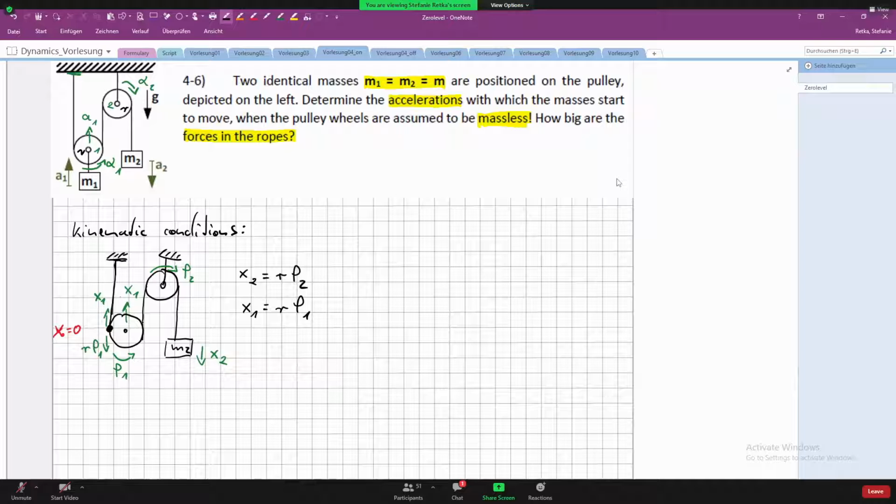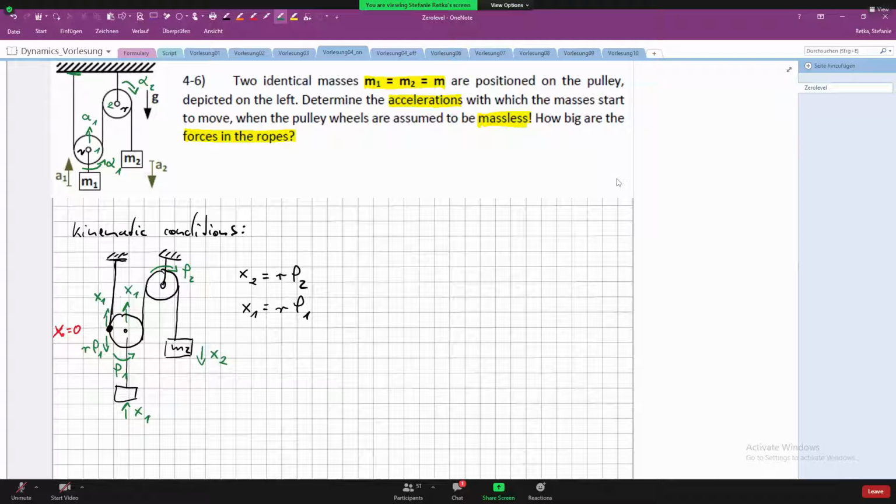And of course the mass M1 is connected here, and as we already said, this moves with the same x1. So there's no additional kinematic condition that we have to derive if we use the same variables.